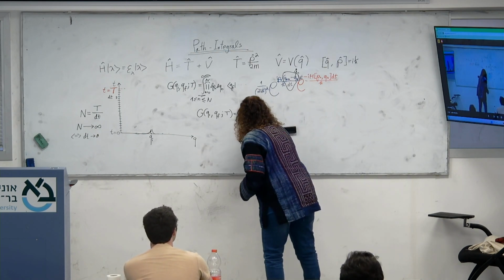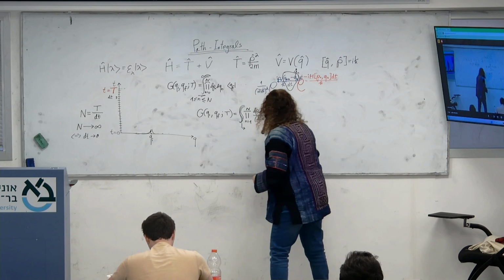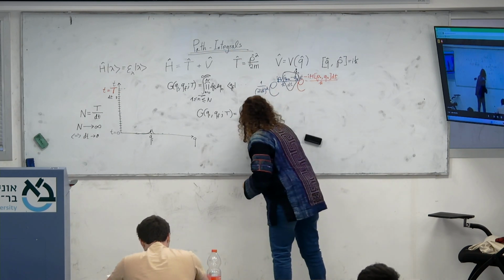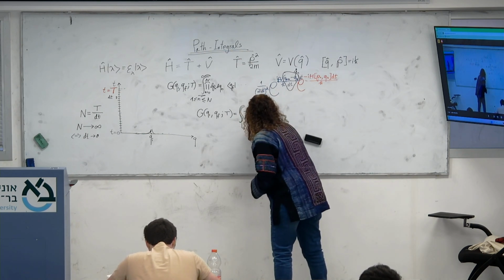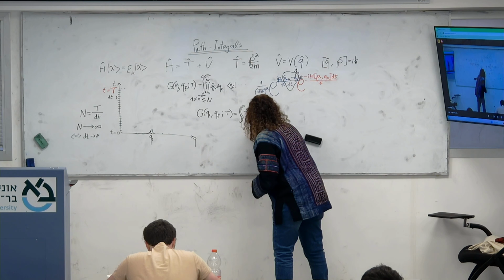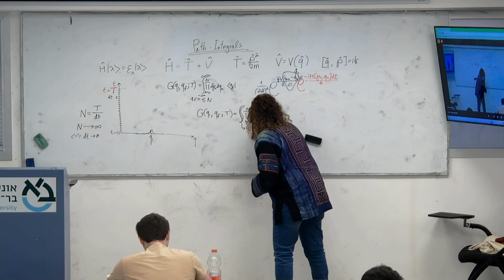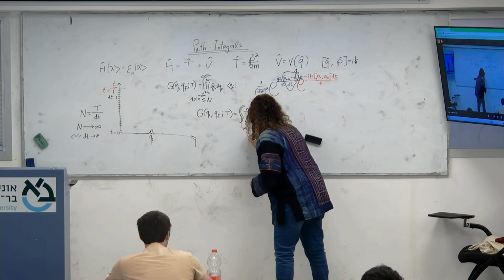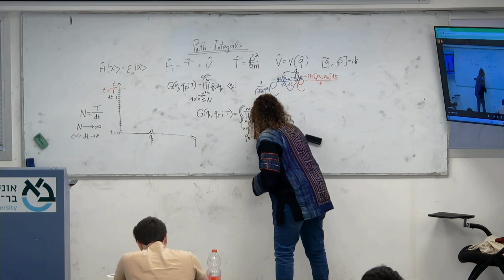So there is a constraint on this integral that q_0 is identified with q_i, and q capital N is identified with q_f.